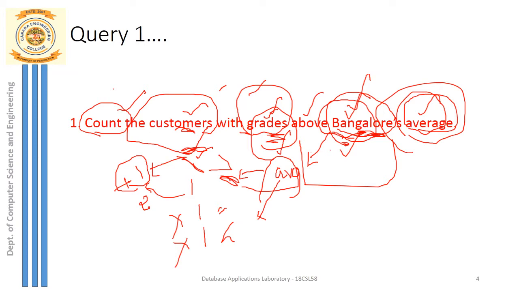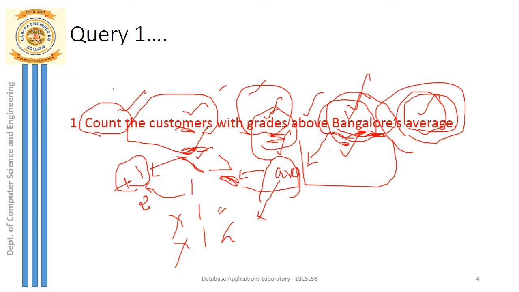So here, if you find such a customer, you just increment the counter by 1. Initialize the counter value to 0 first, and now if you find a customer whose grade is greater than the average grade of the customers belonging to Bangalore, in that case just increment the counter by 1. Suppose I find one more customer whose grade is again greater than the average value of the grade that you have just calculated and kept ready for the Bangalore section.